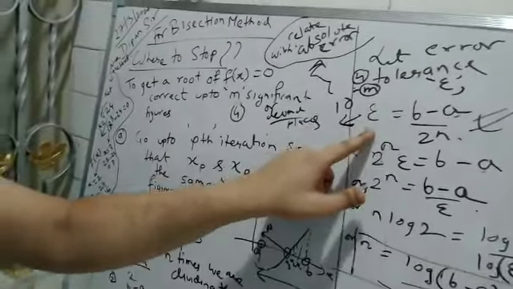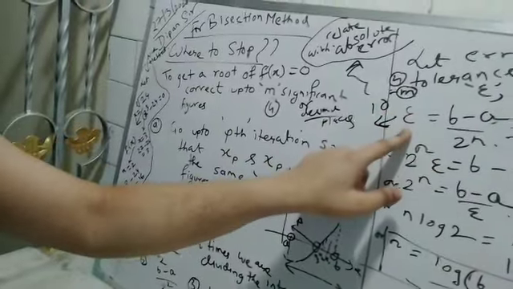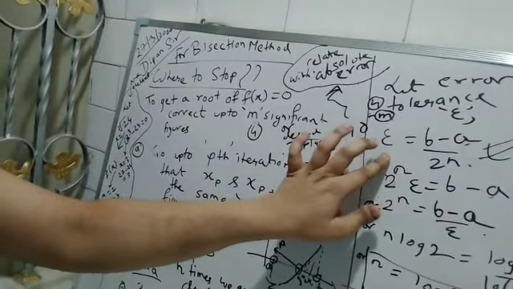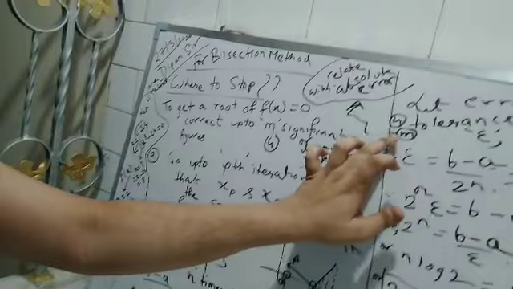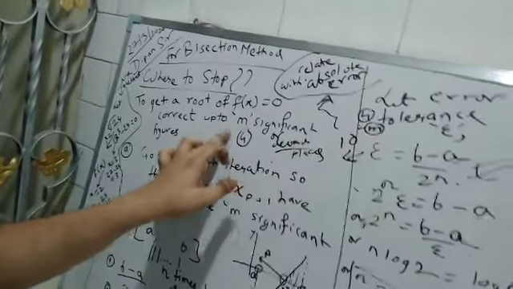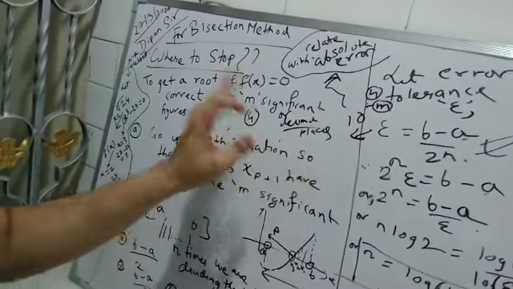Suppose this is the error tolerance they have given, epsilon. I can write epsilon as 10 to the power minus m, where m is the number of decimal places or significant figures.